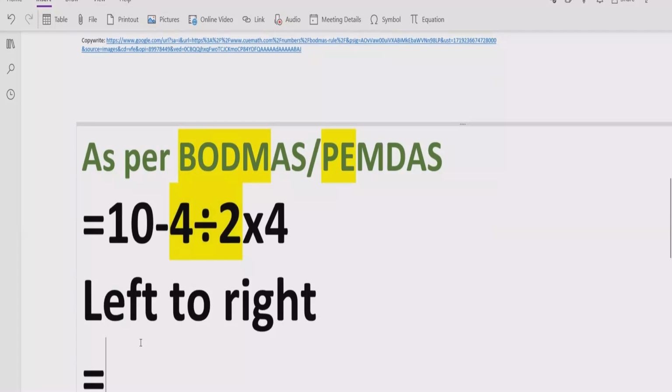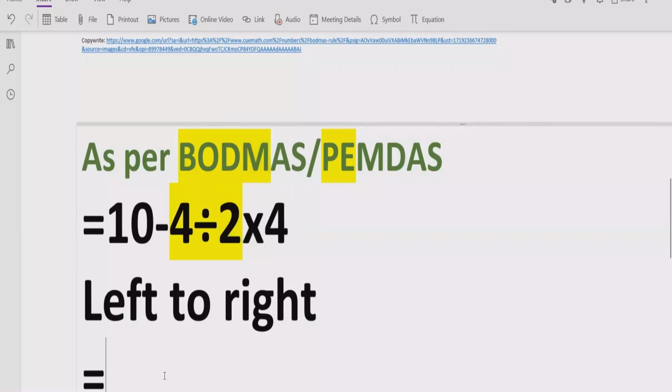This is the key step where some people make a mistake. They say, I'm using PEMDAS, so I will solve the multiplication first. And some say, I'm using BODMAS, so I will solve the division. No, the rule is similar for both. Multiplication and division both have similar precedence.